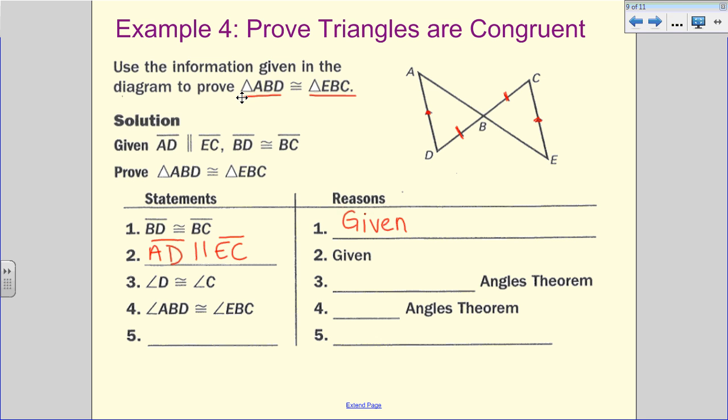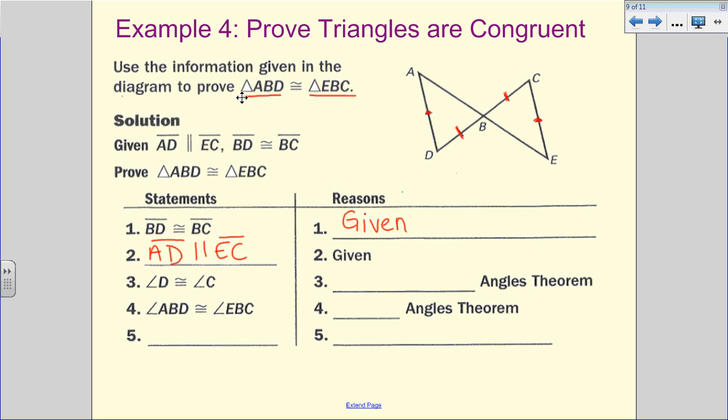So then, once I know that I have parallel sides, what sort of things can I start inferring? What things do I know? Well, parallel segments that are cut by a transversal have alternate interior angles that are congruent.